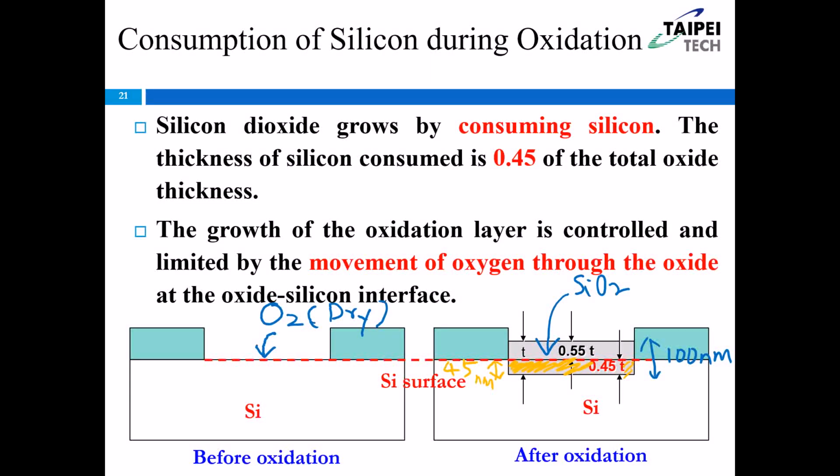Can you tell me what is the material for this green area? If I want to put this silicon wafer into the furnace, and the furnace is 1,000 degrees Celsius, which material can I use for this green area?